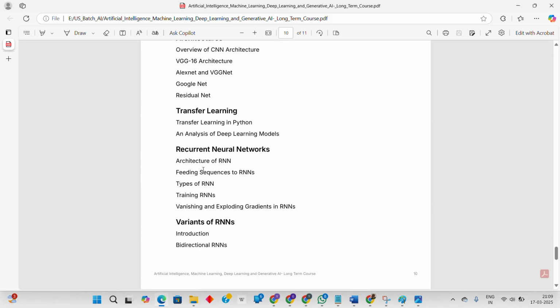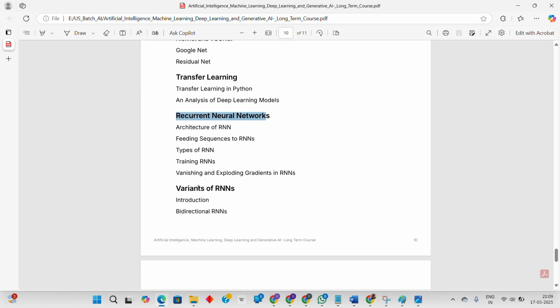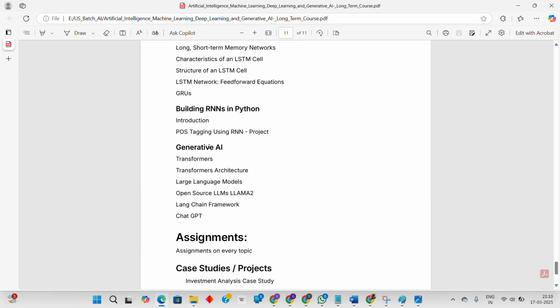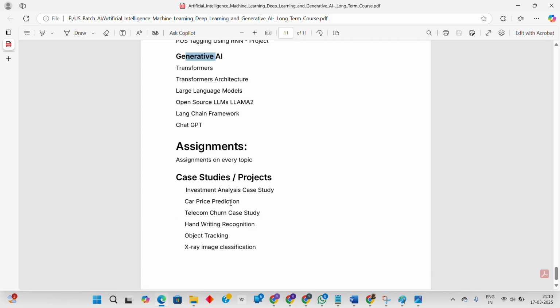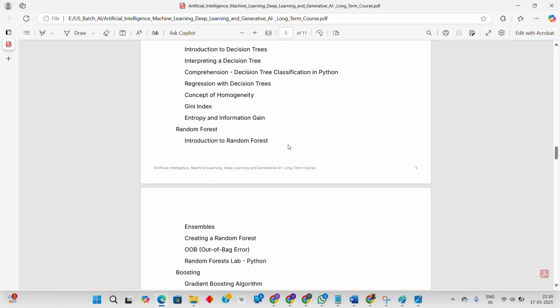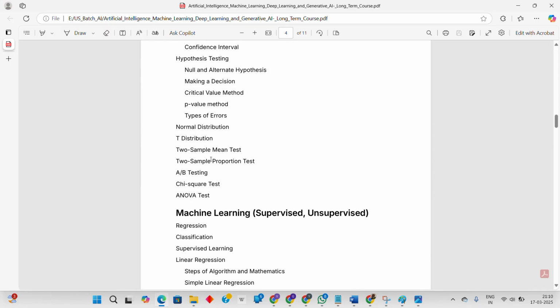Keras and others will come in between. Transfer learning is also very good. RNN is there, which is NLP, building deep learning, then generative AI, then assignments. There is a lot to cover and discuss.